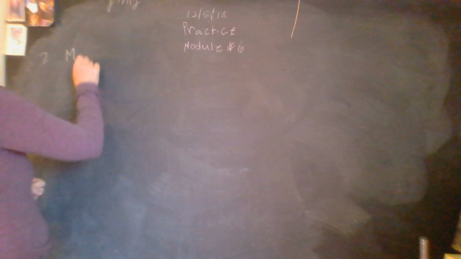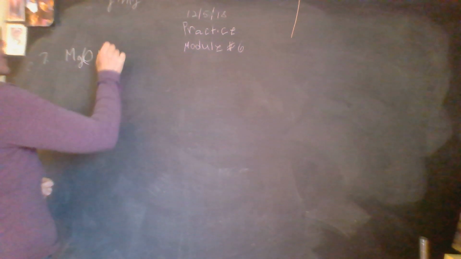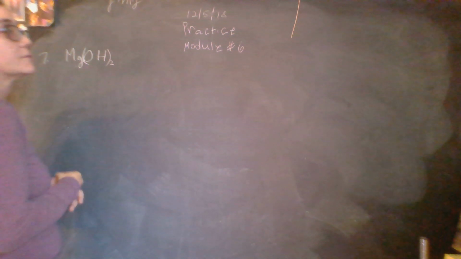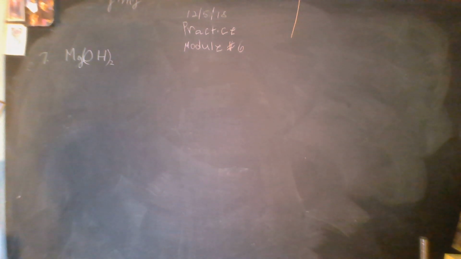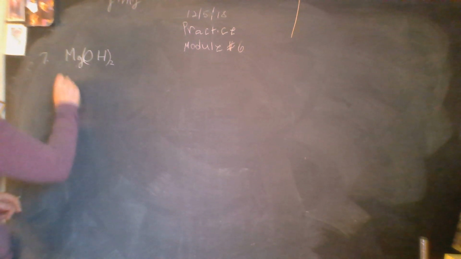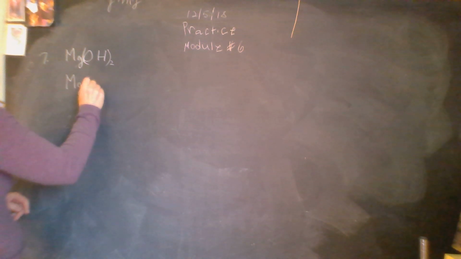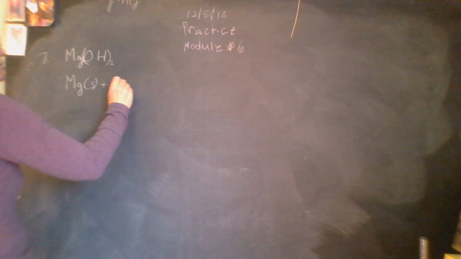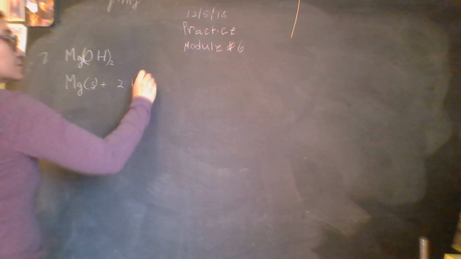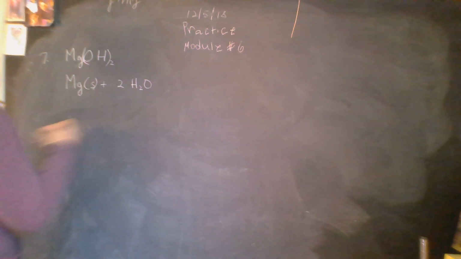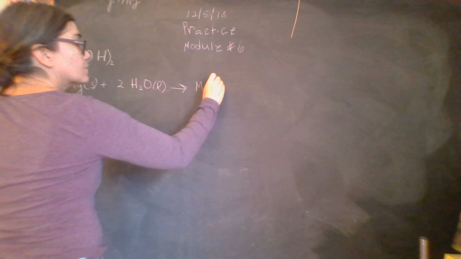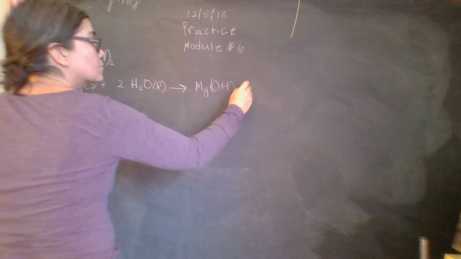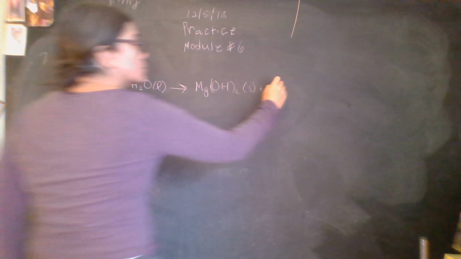Mg(OH)2. There's a parentheses for that OH, I don't know what it means. I do. Mg(OH)2 is the active ingredient in many laxatives. It can be made with the following reaction: Mg solid plus 2H2O liquid yields Mg(OH)2 solid plus H2 gas.